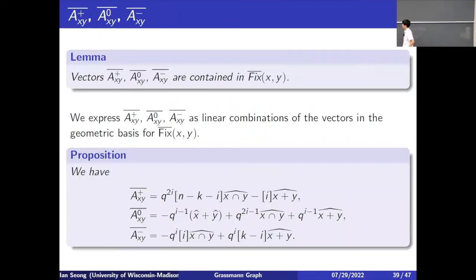Another lemma is that the vectors axy plus bar, axy not bar, and axy minus bar are contained in fixed xy bar. That means we can express these vectors as linear combinations of the vectors in the geometric basis for fixed xy bar, and the proposition below says how it expresses as a linear combination of the geometric basis.